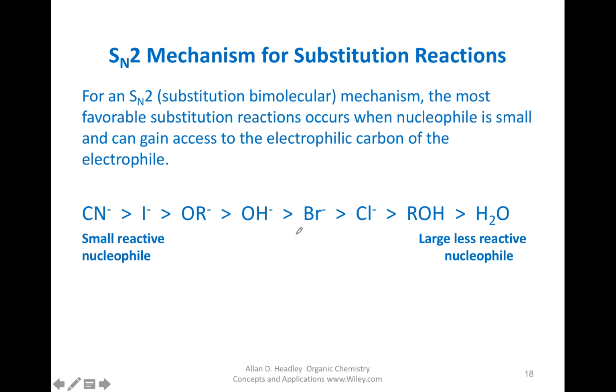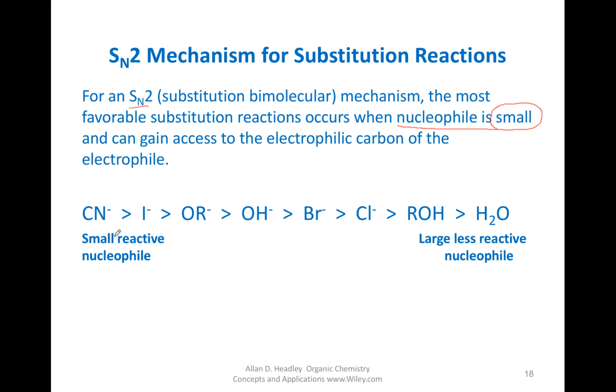Conversely, as you can imagine, by an SN2 reaction, the nucleophile must be small to gain access to the electrophilic carbon. So here's the size trend, or the trend in size for nucleophiles.